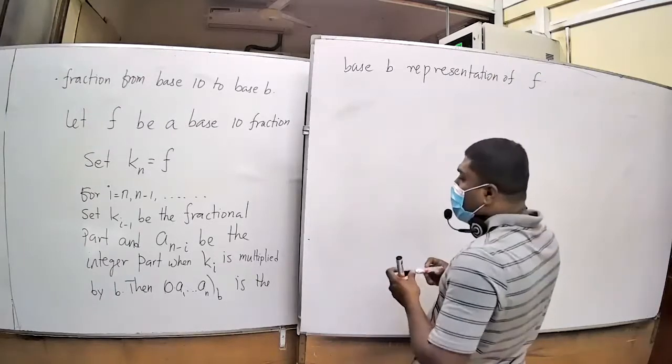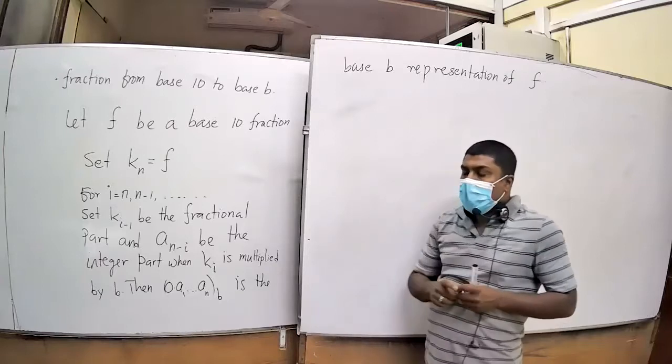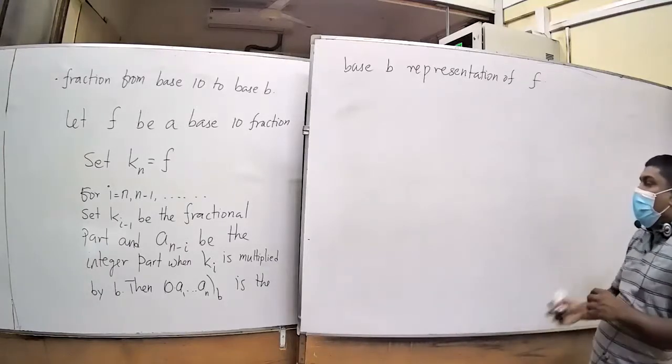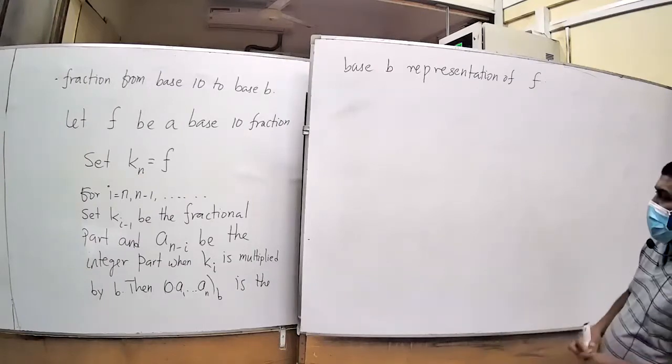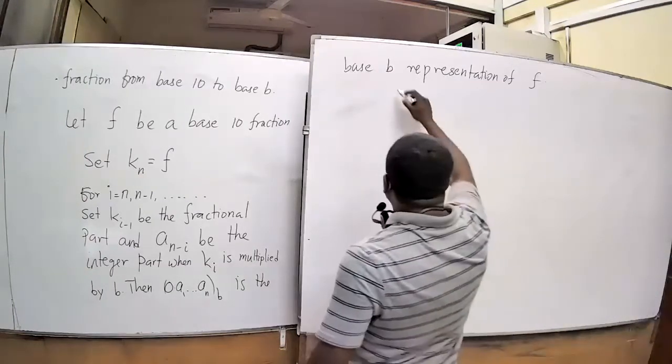So when you do that, you will get a sequence, right? And this gives you the base b representation of f.